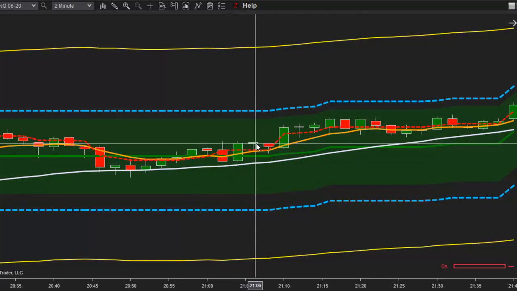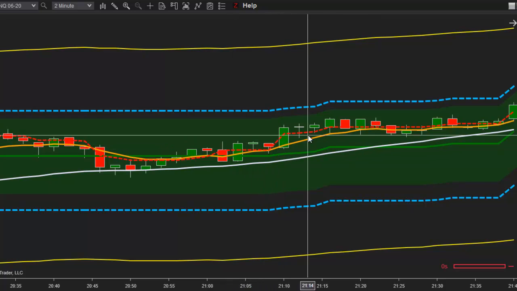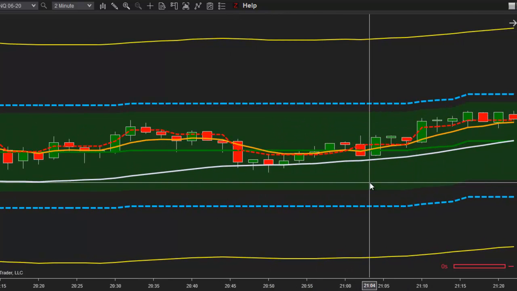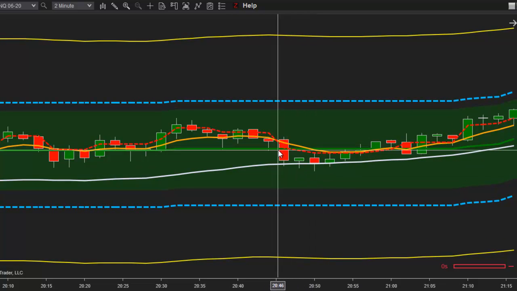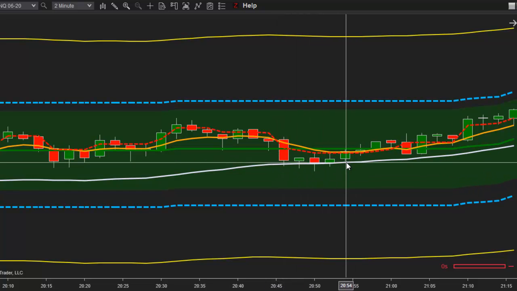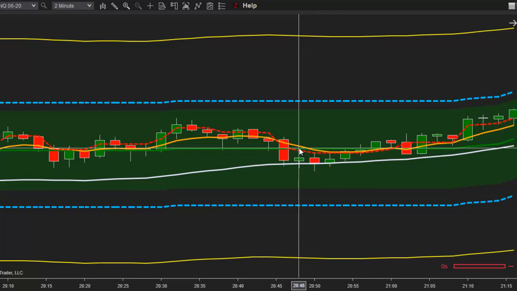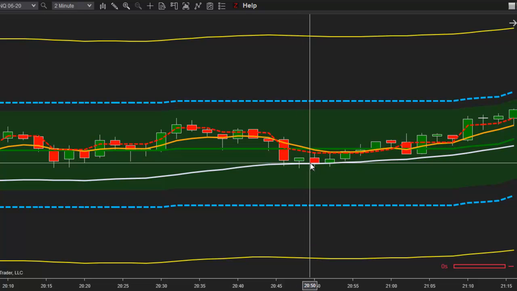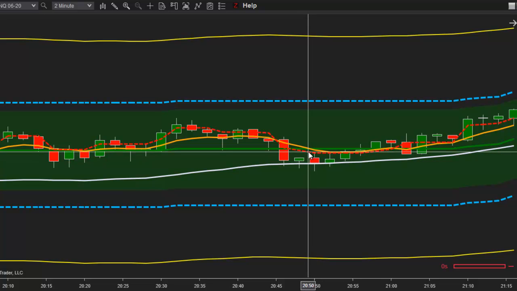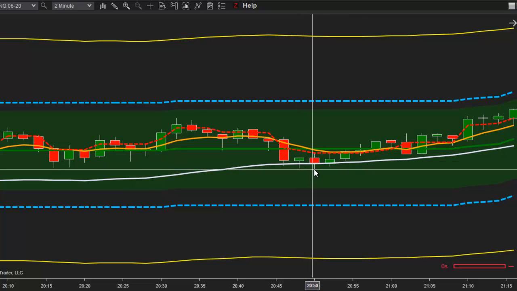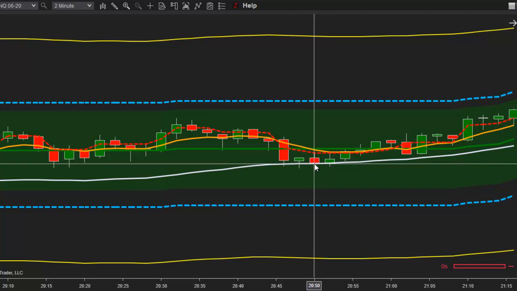Okay, here's another nice long, stayed above the 8. When we see it like this, it's about the hold. We know we don't want to trade short, so we may just go, hey, I'm going to try to buy here on this red bar.